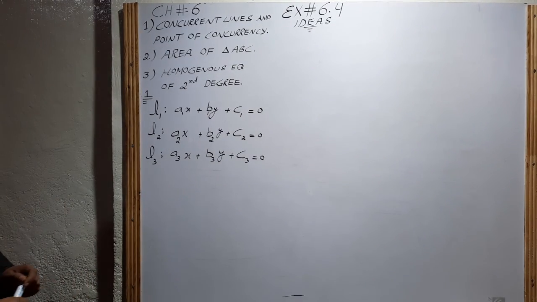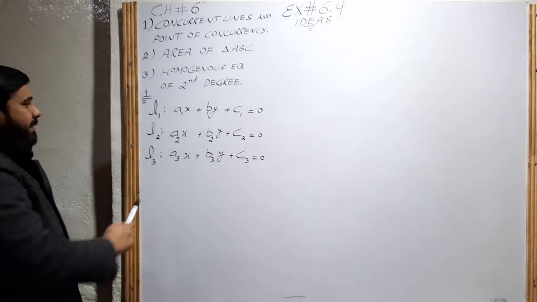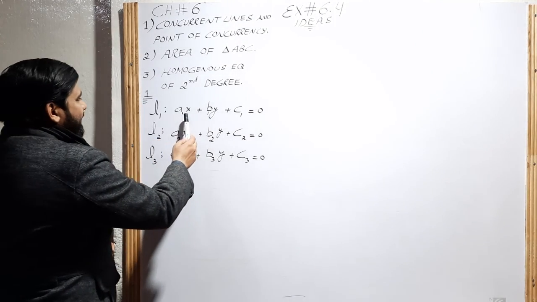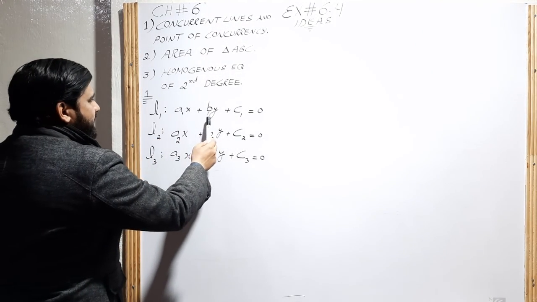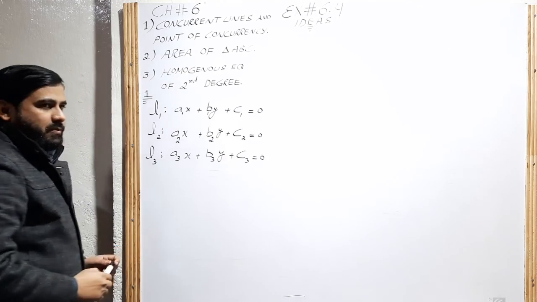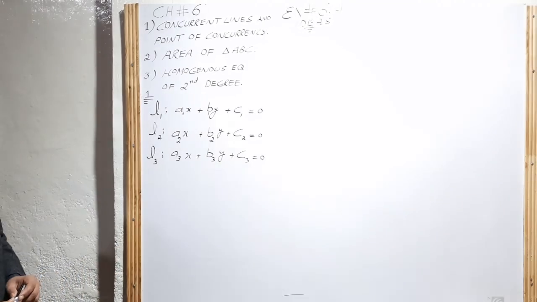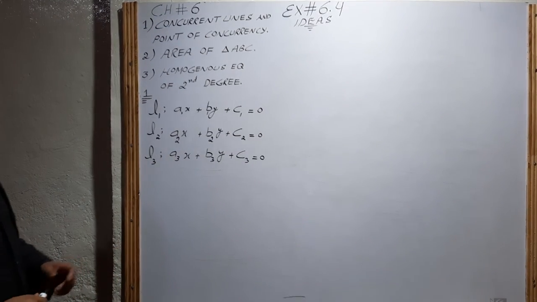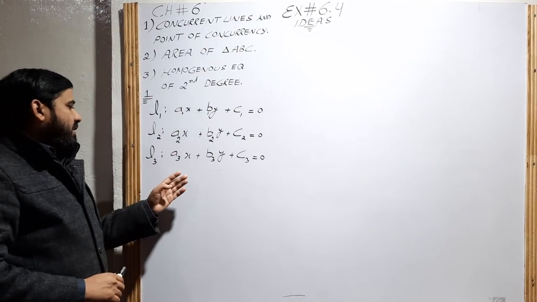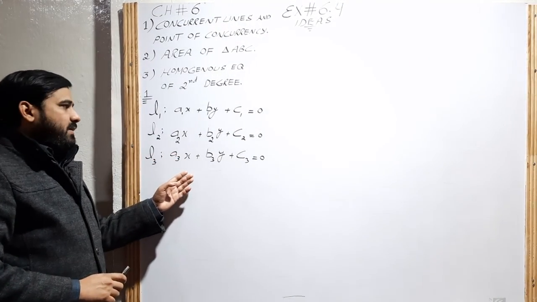concurrent lines. For example, there is a line L1, a1x plus b1y plus c1 is equal to 0, the generalized or standard form of the equation of a straight line, and there is another line similarly, and also there is a line L3.